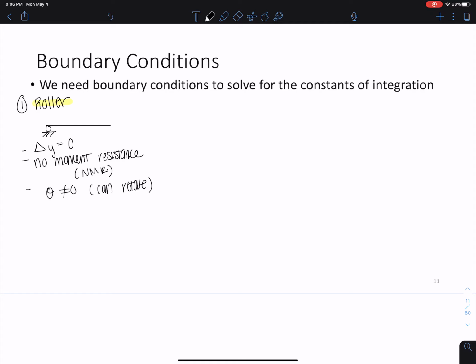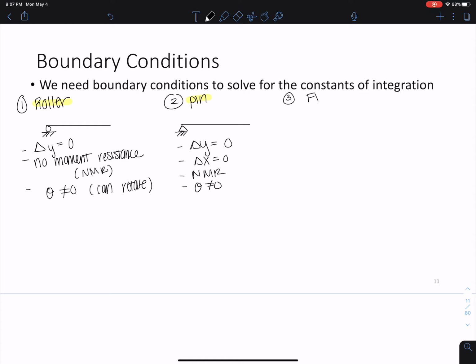Okay? Now, number 2, we have the pin support. Typically, a pin is drawn as a triangle. We know that delta Y is 0. We can't have a delta X either. We have no moment resistance, and we know that theta can't equal 0.